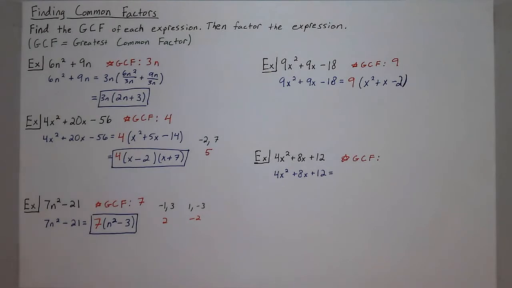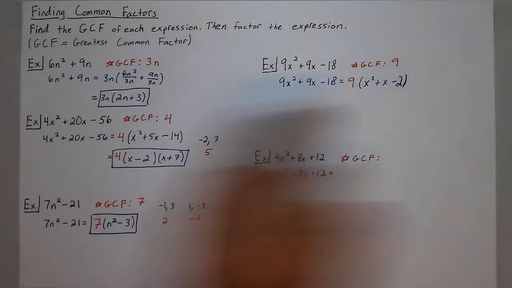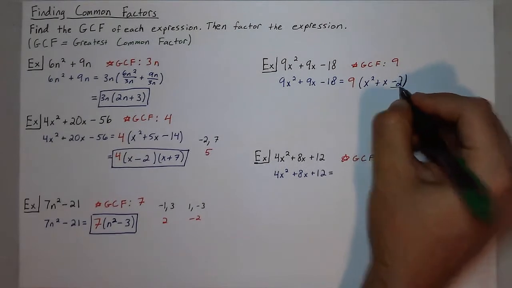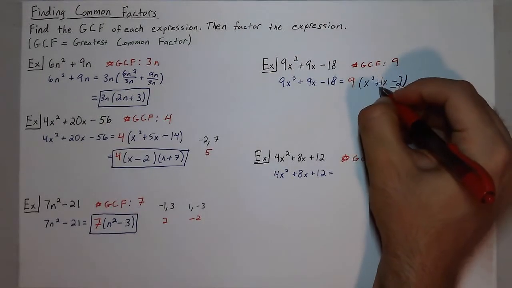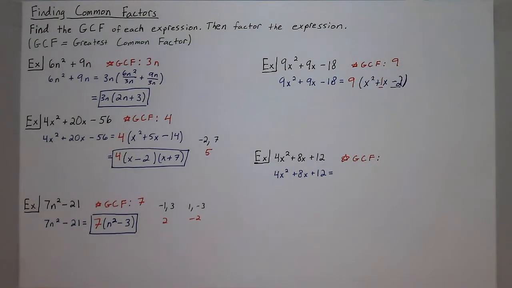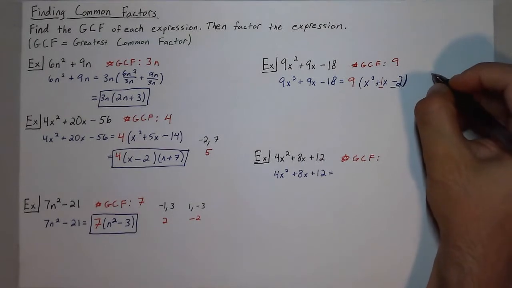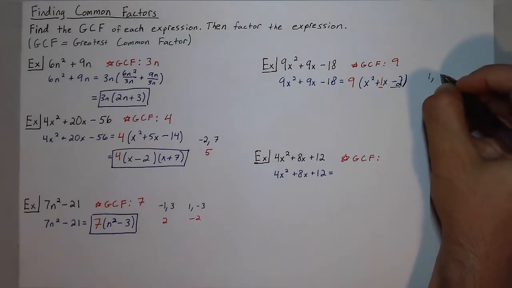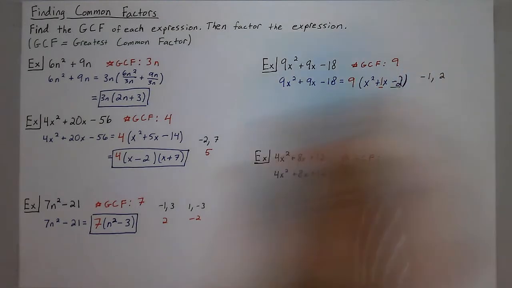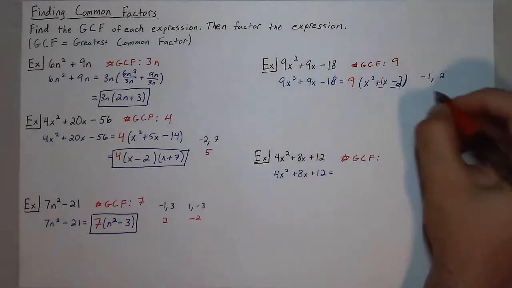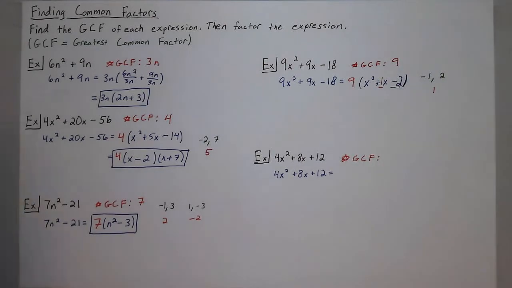And now when I'm going to factor this expression, I need two numbers that are going to multiply to negative 2, but then add to an understood 1 there by the x. So I need two numbers that multiply to 2, which I only know that 1 and 2 work. In order to end up with a positive 1, I'm going to make the 1 negative. So when they add together, that gives me a positive 1 for that middle term.